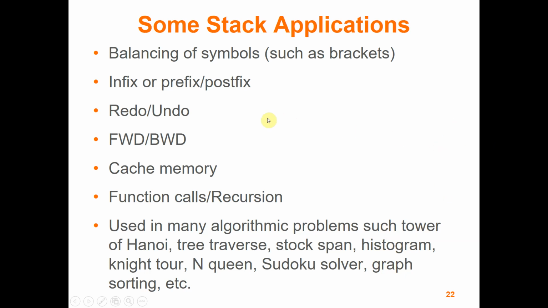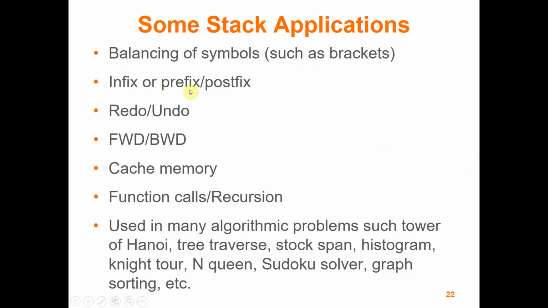So if you have an imbalance, or if you have the wrong order of the brackets, this stack would not be empty at the end. They would have something left in the stack. So that shows that you have an imbalance or a wrong order of brackets. So in that case, the compiler would give you an error message that you missed something.